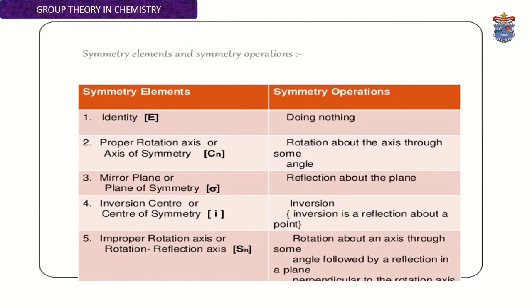So inversion through a point can be done to get the equivalent configuration, or we can say it is a reflection about a point. The last one is the improper rotation axis or rotation-reflection axis. It is represented by capital S with subscript small n, that is Sn: rotation about an axis through some angle followed by a reflection in a plane which is perpendicular to the rotation axis.